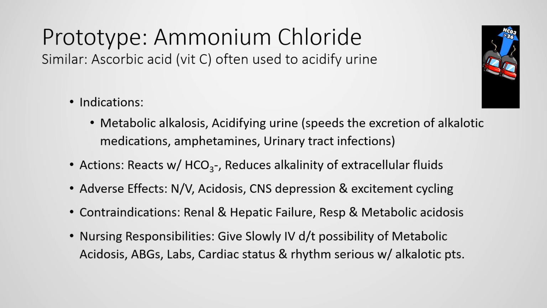CNS depression is from being acidotic, and nausea and vomiting can be from acidosis as well. So I wouldn't think of this as a very common drug. Remember, we treat the underlying conditions for acidosis and alkalosis.